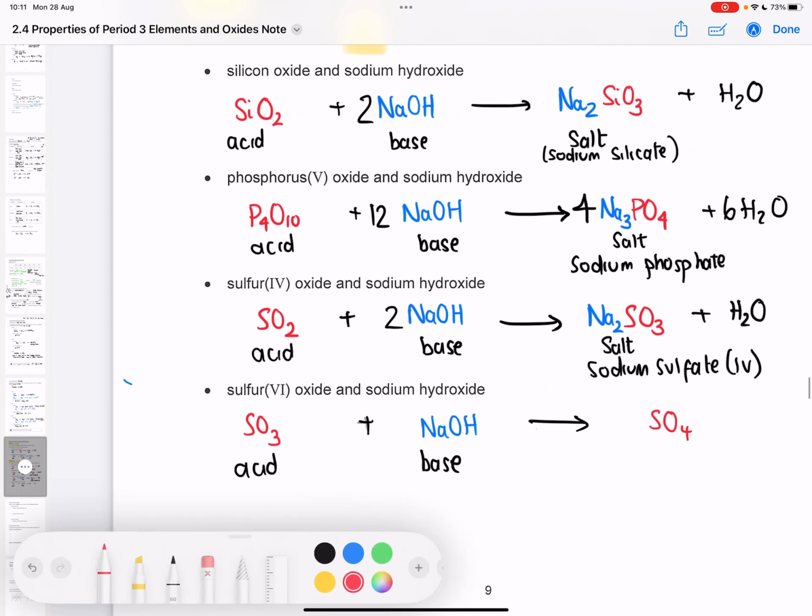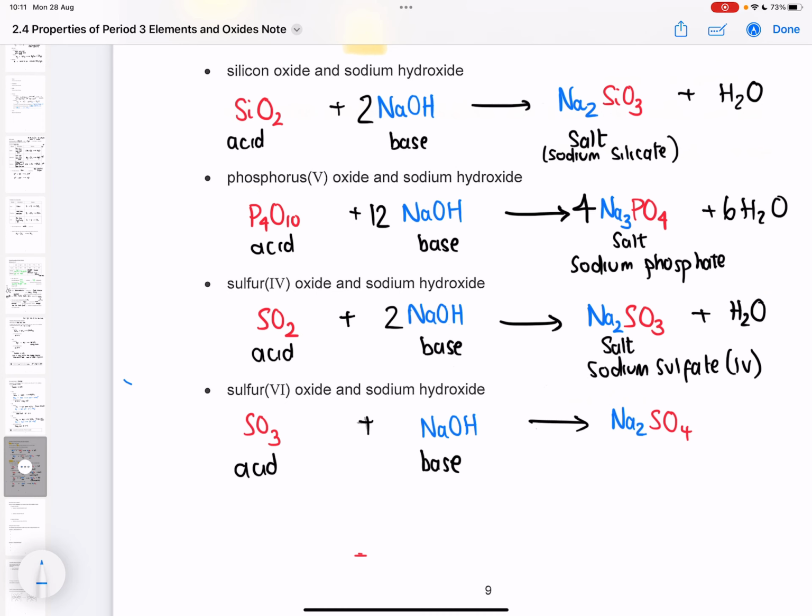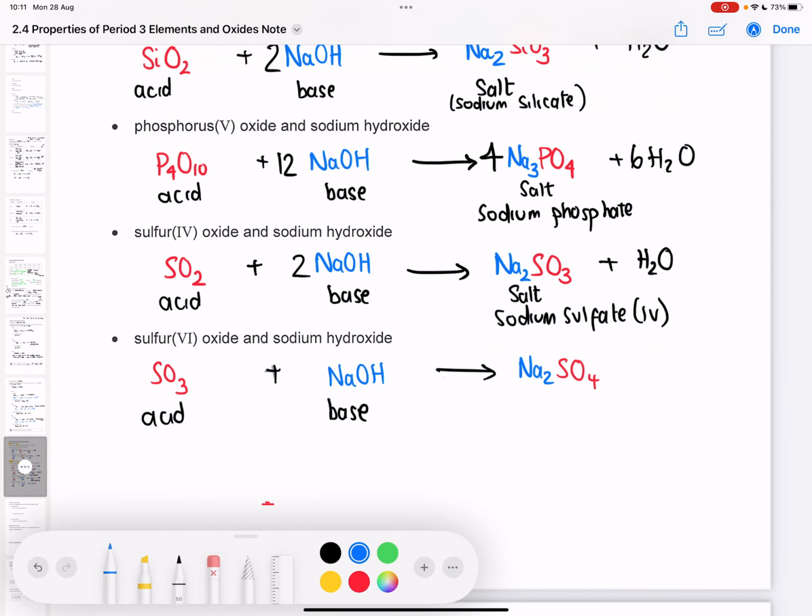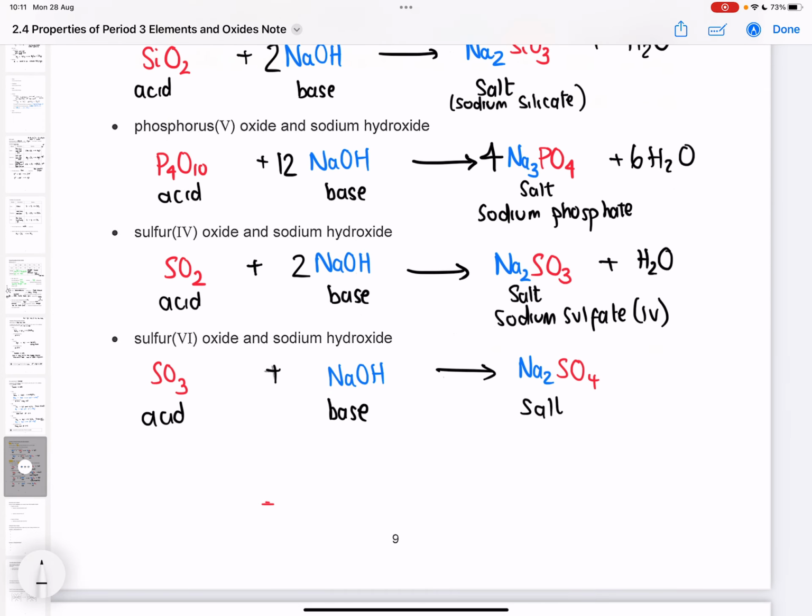We're going to need 2 sodiums for that. That's our salt, that's called sodium sulfate 6. And we'll get water as well, and we need to balance that with a 2, and then the rest of it's balanced.